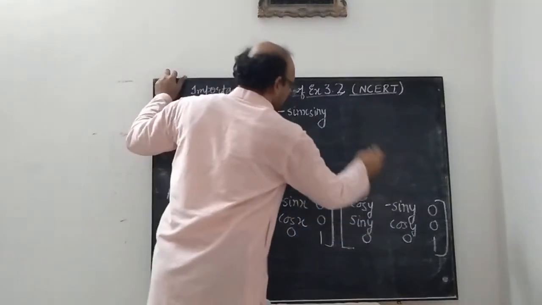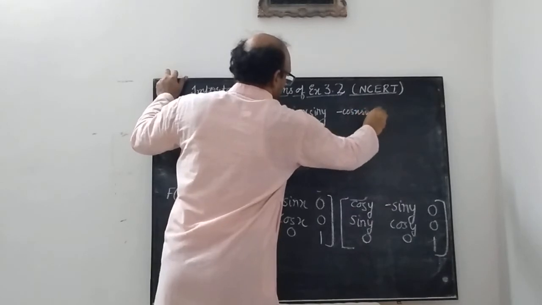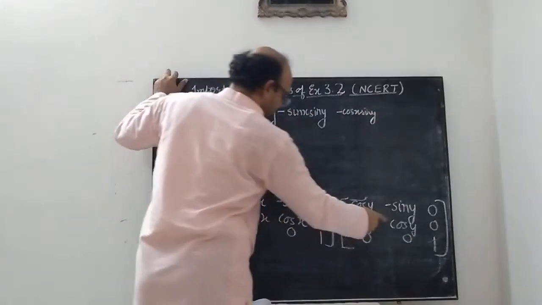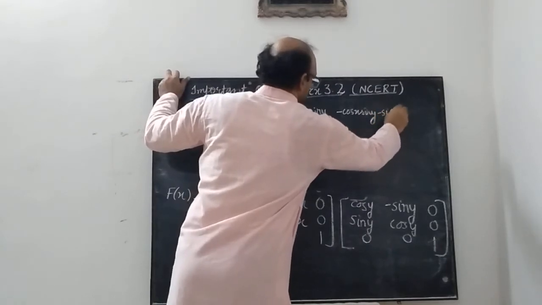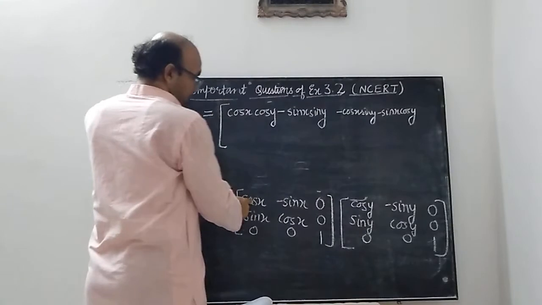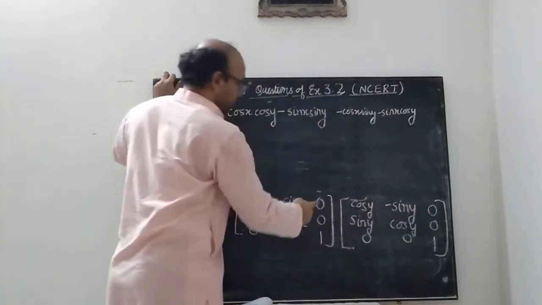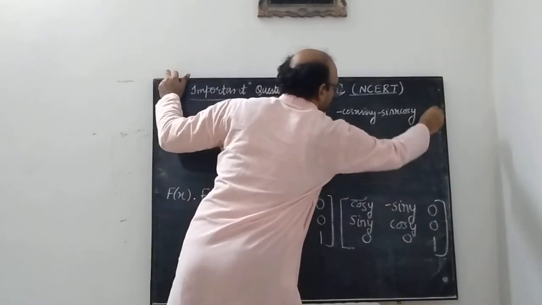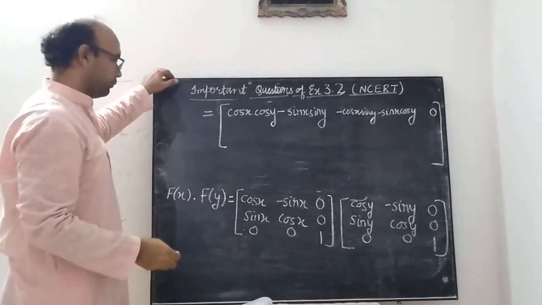Cos x into minus sin y is minus cos x sin y, and then this is minus sin x cos y. So cos x into 0 is 0, minus sin x into 0 is 0, and 0 into 1 is 0. If you add these three, again you get 0 over here.